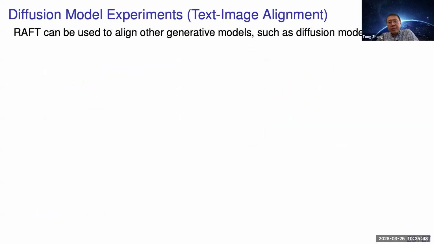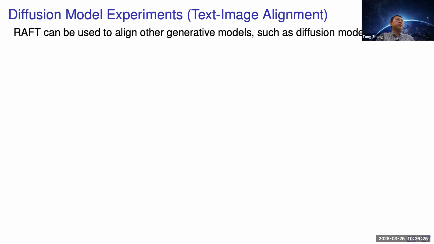Another thing about Raft is that it's a very generic algorithm. It's not even specific to a language model. In DPO, you need a probability model, because it uses the relationship between the probability model and the reward. In Raft, it doesn't necessarily need to be a probability model. Diffusion is related to a so-called energy model, which is a probability model, but it's more implicit, not explicit.